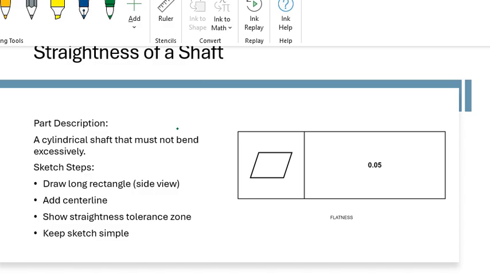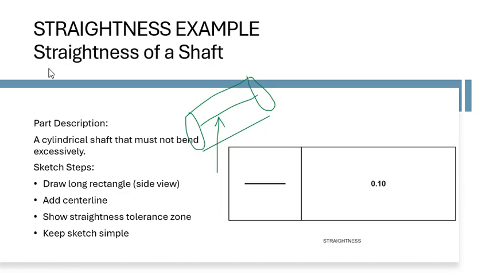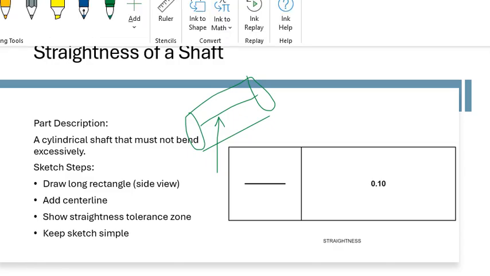Make sure you draw when you read. So we have a cylinder. Cylinder has walls, so we can draw a line, and then of course we can check the straightness of that line. Here we usually draw like this.